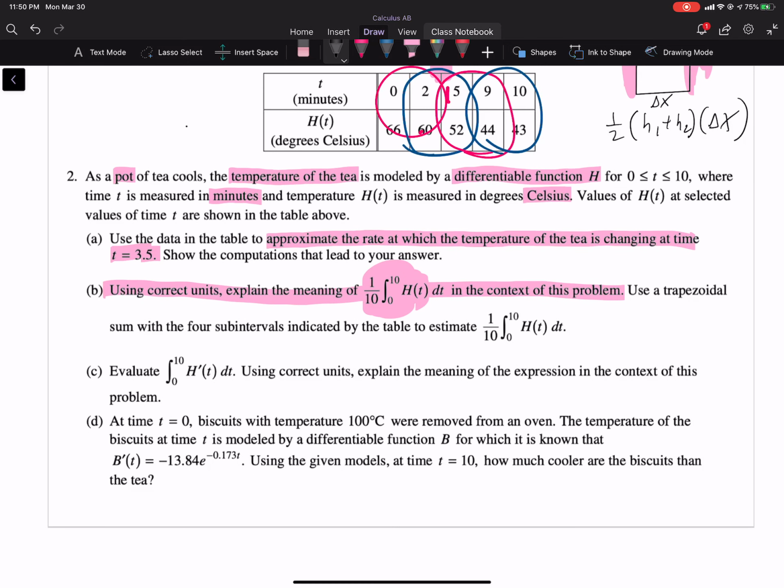Part C. If you want to find the actual value of an integral, there's two ways that we really do these. One is net area. We can't do that. So the only other way is the fundamental theorem. So this is actually an easy problem.